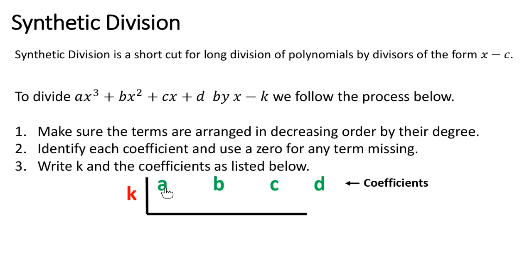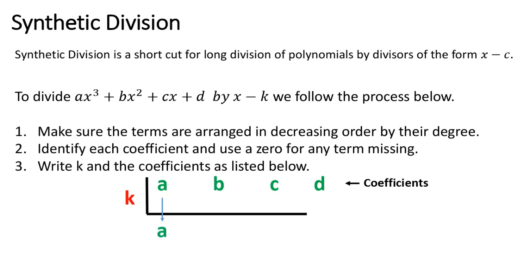besides writing your coefficients, the next thing we need to do is to write down what k is. K is going to come from your divisor. In this case, if you look at x minus c, c is going to be your k that goes in here. Okay.